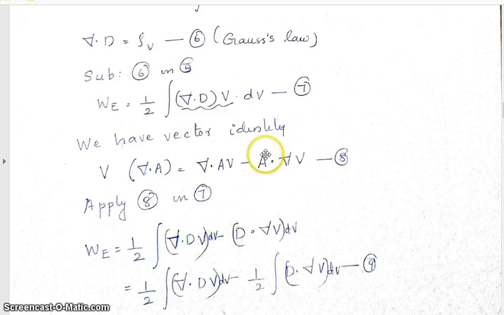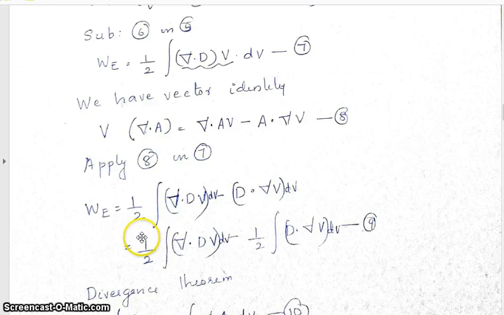Minus the second term, in place of A you will write D: D dot del V, then this dV. So I have applied this identity on equation 7. I can write, having separated the terms, that is equal to half integral del dot DV dV minus half integral D dot del V dV, that is equation 9.